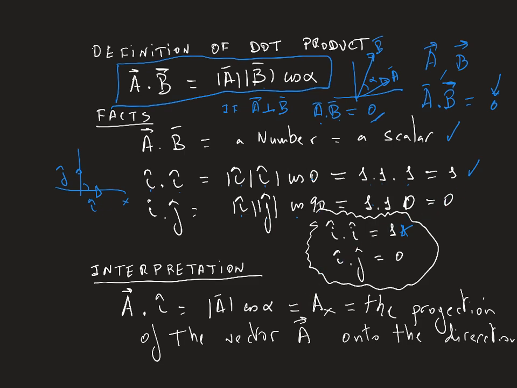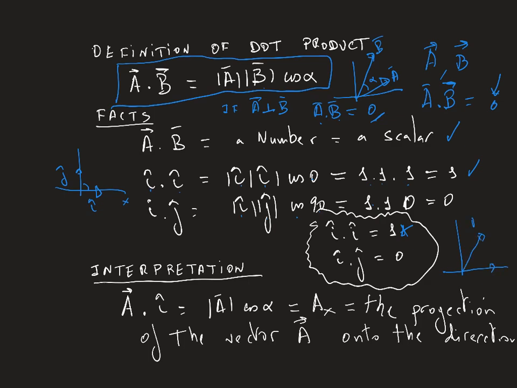Now think of something that I want you to see. What is A scalar I? Well, it will be the magnitude of A by the magnitude of I, which is 1, by the cosine of the angle. So it will be the magnitude of A by the cosine of alpha.